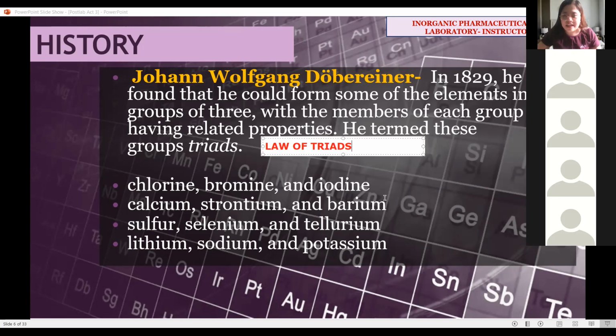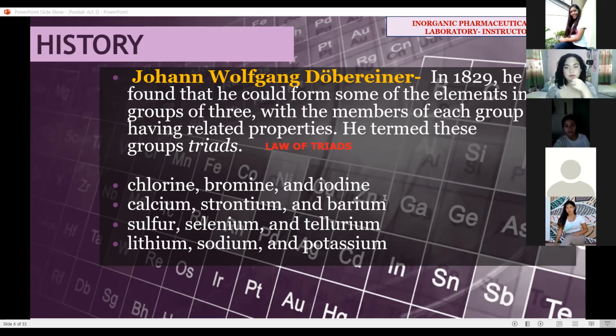Again, the law of triads. He grouped the elements into threes, because he observed that these elements share the same characteristics. Like chlorine, bromine, and iodine, he grouped as one.